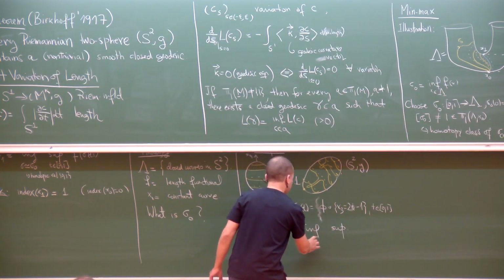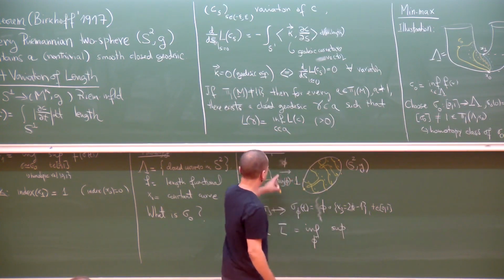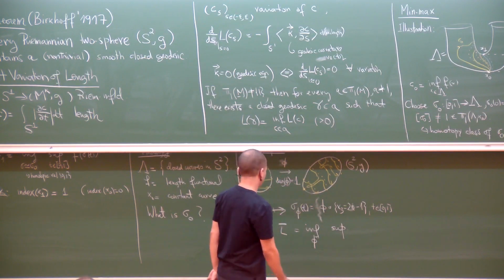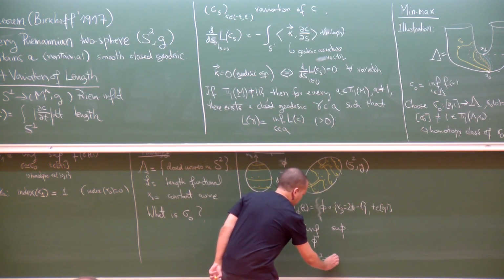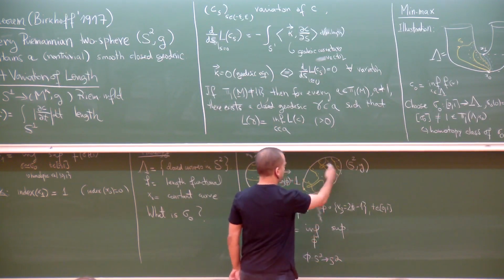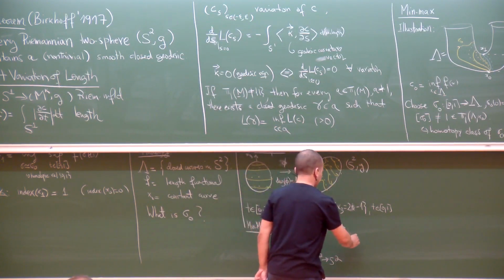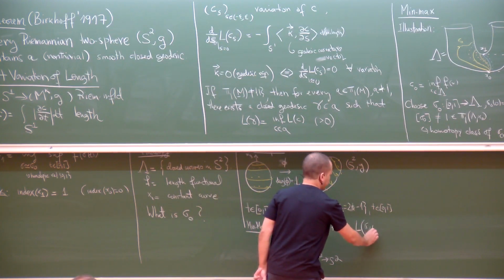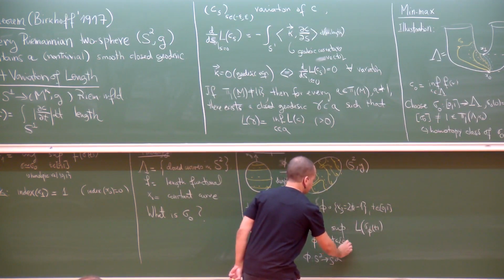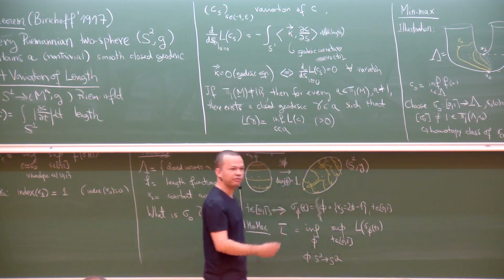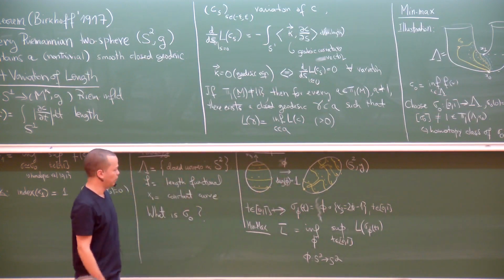For every map phi of degree 1 from S2 to itself, I look at the corresponding sweep out and I maximize the length of sigma phi of t, t goes from 0 to 1. And then I minimize over all phis. So this is my number L bar.